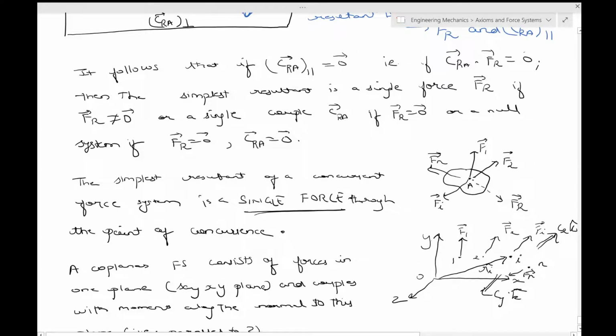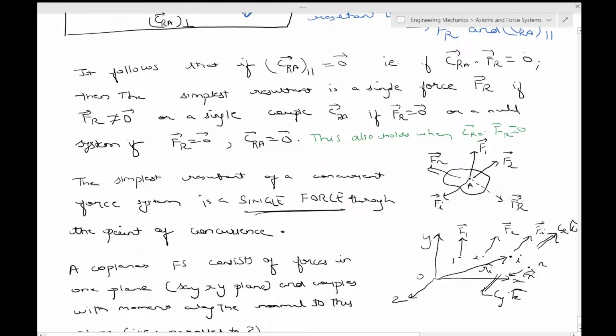So this condition also holds that the simplest force system will be this when CRO dot FR is equal to 0.